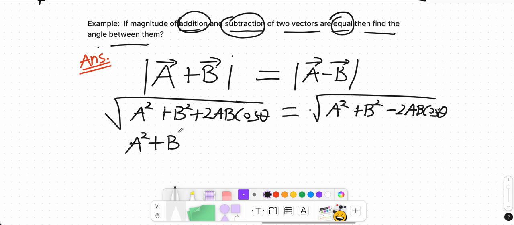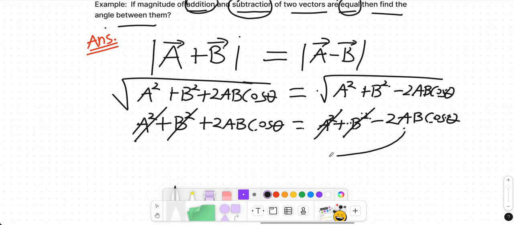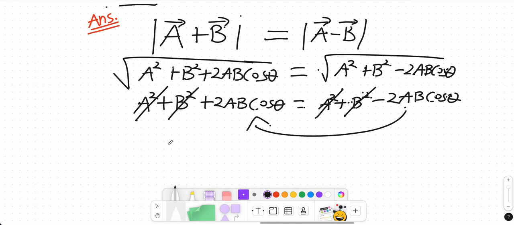A square plus b square plus 2ab cos theta is equal to a square plus b square minus 2ab cos theta. Now here a square cancels, b square cancels. This minus 2ab I will take to the left side, so this becomes 4ab cos theta is equal to 0.